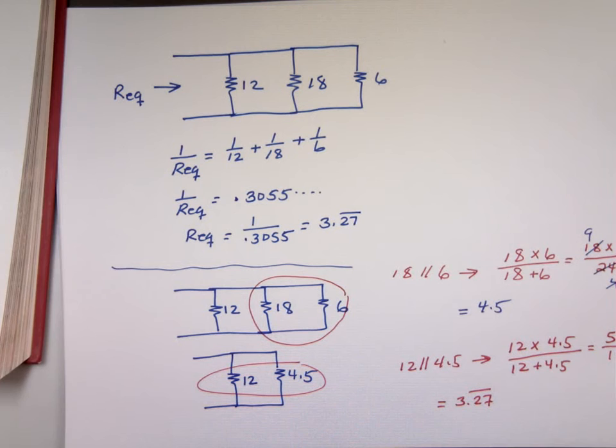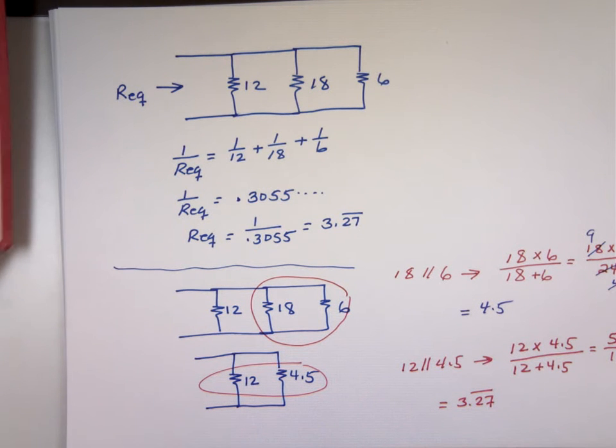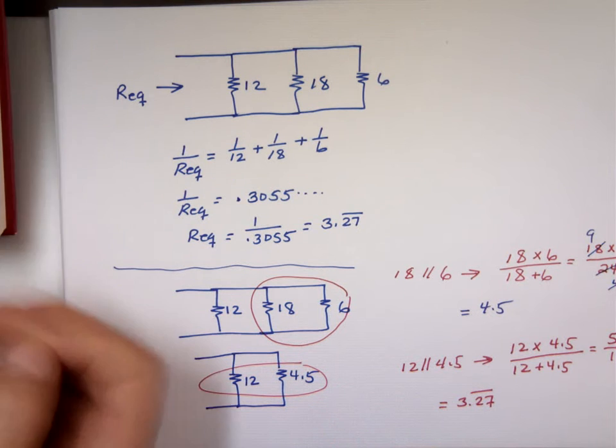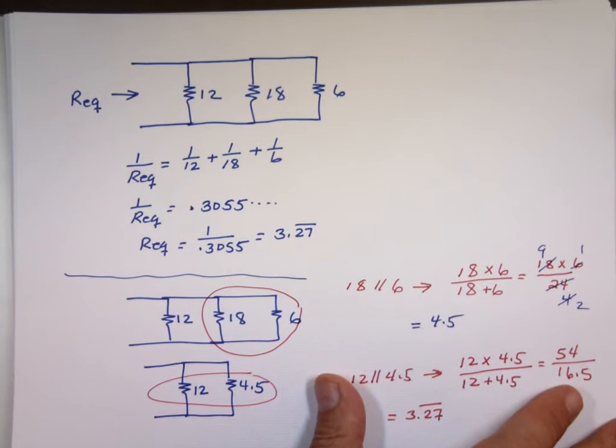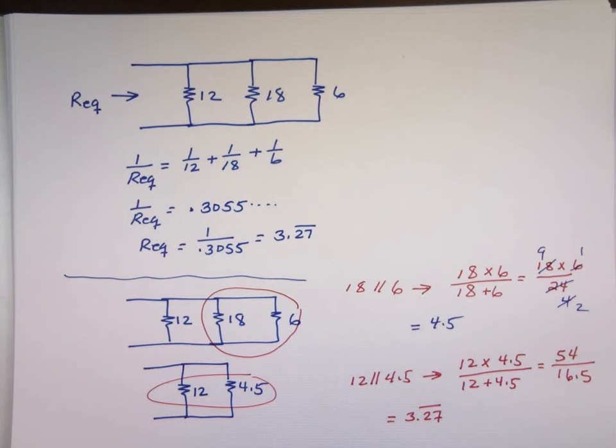So that's resistors in parallel, resistors in series. Sometimes the problem has a combination of both. It's not just one. So let me take this example, which looks ugly when you look at it.